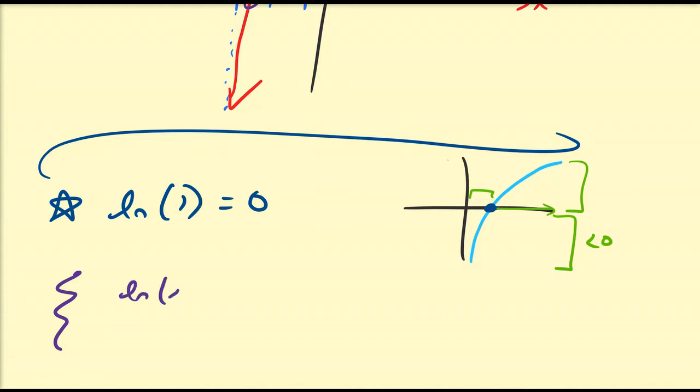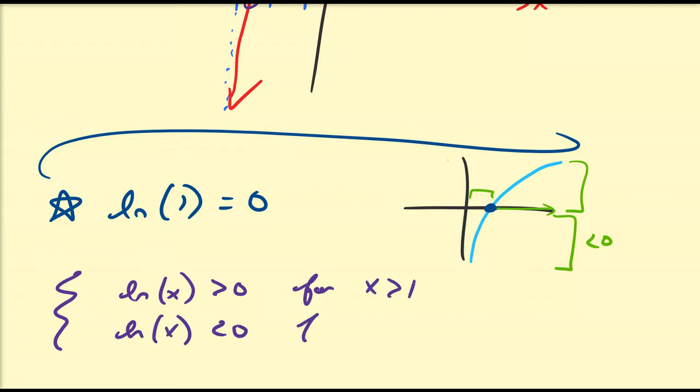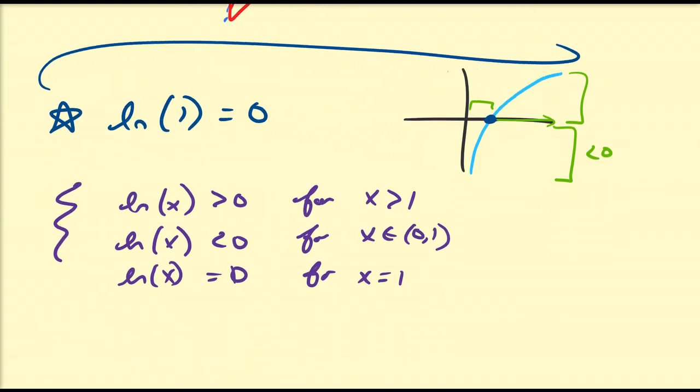So if I have the natural log of x, this is going to be positive for any value x that is bigger than 1. The natural log of x is going to be negative for any value x between 0 and 1. And as we said above, the natural log of x is going to be equal to 0 for x is equal to 1. So those are the different cases for logarithms.